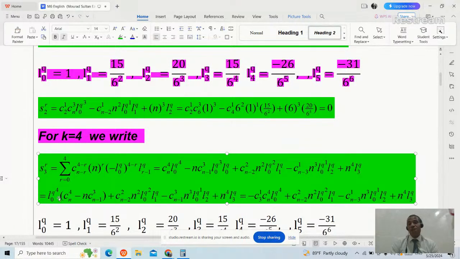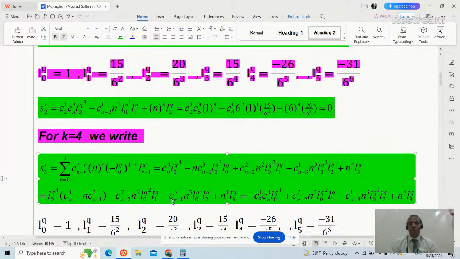I will put here L0 for the q raised to the power 4 times combination 4 choose 4 minus n combination n minus 1 choose 3, then plus the rest, which is combination n minus 2 choose 2, times L0 for the q squared times L1.